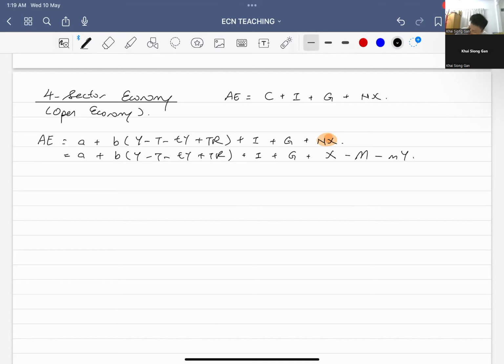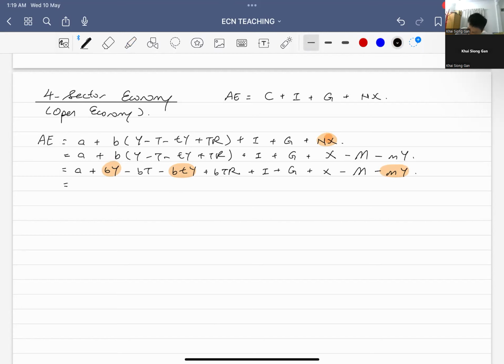Again, I can expand it. So I can expand it into A plus bY minus bT minus btY plus bTR, plus I plus G plus X minus M, and minus induced imports. So you see, it's all about algebra. And then now I can move those with Y into one side. You see here, we have this one with Y, this one with Y, and this one with Y. So I can move all these to the back.